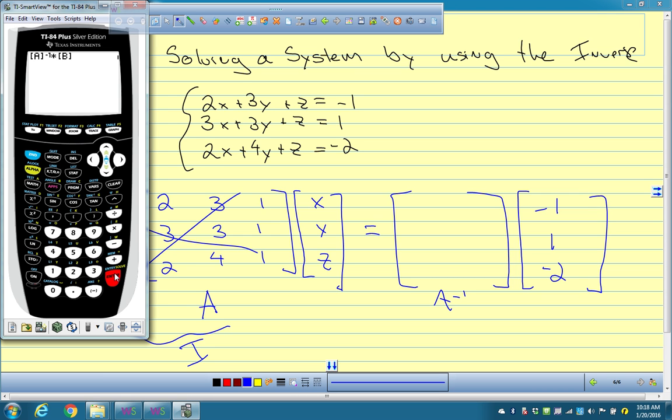That's x, y, and z. Okay? X is 2, y is negative 1, and z is negative 2. Isn't that cool? It's okay. It's great!